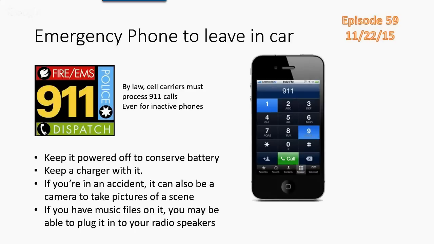And also think about it, if you're in an accident, it can also be a camera to take pictures of the scene, because it's a camera regardless of what's going on with it. It doesn't have to have an internet connection. It does still have to have power, so that might be an issue. And if you put music files on it, it can be an MP3 player and play that through your car radio.